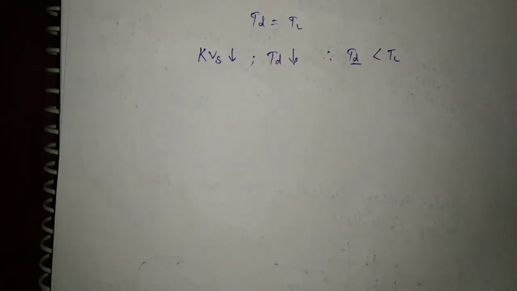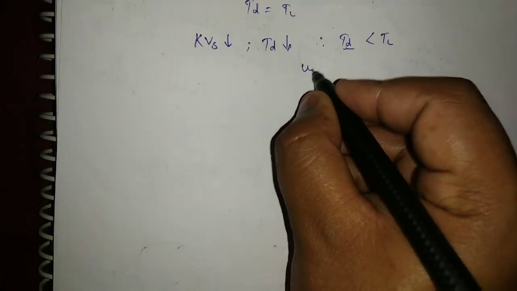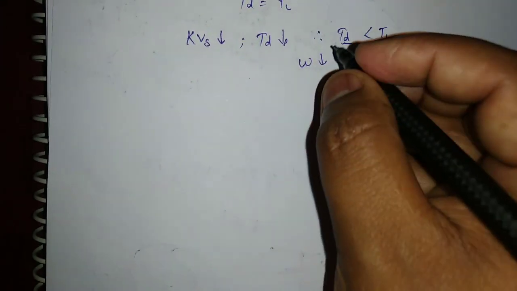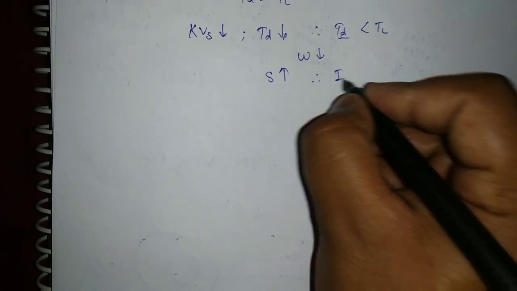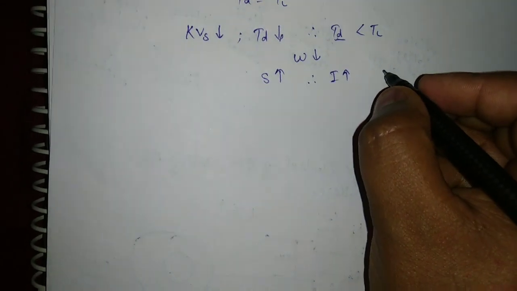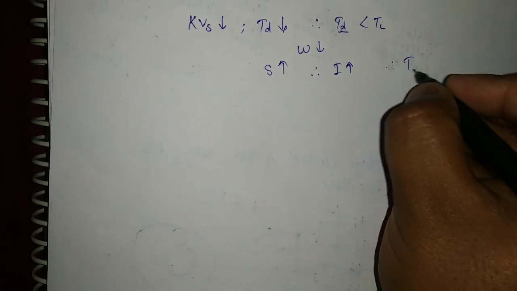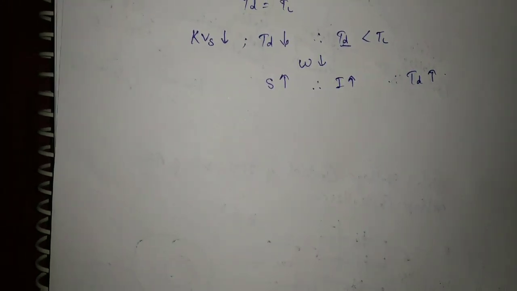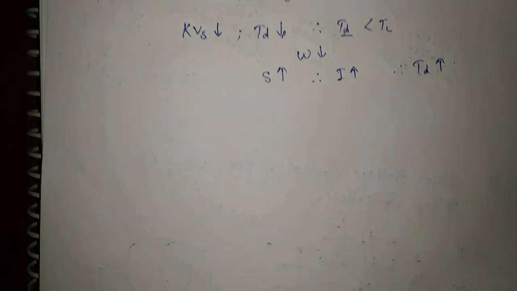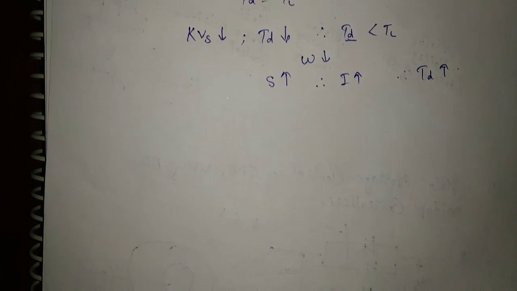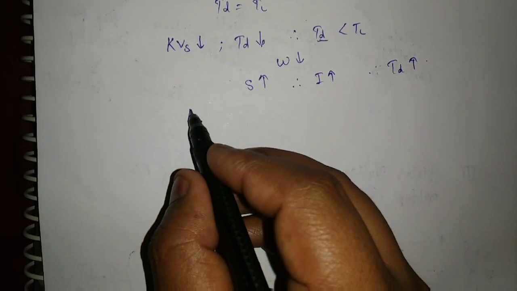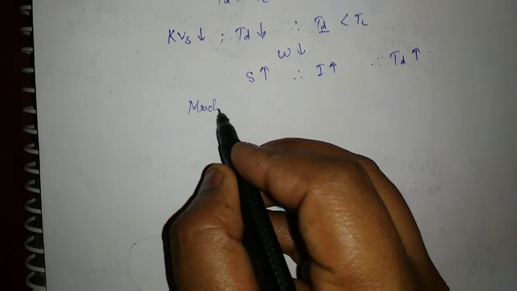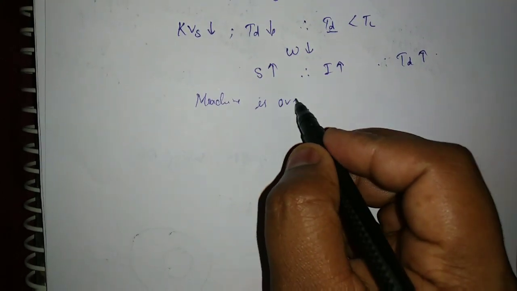If TD is less than TL, speed decreases means slip increases, therefore current increases and current increases means TD increases. So here the machine will slow down and draws more current from supply in order to build up the torque TD until TD is equal to TL. Therefore, for this type of load, machine is overheated.